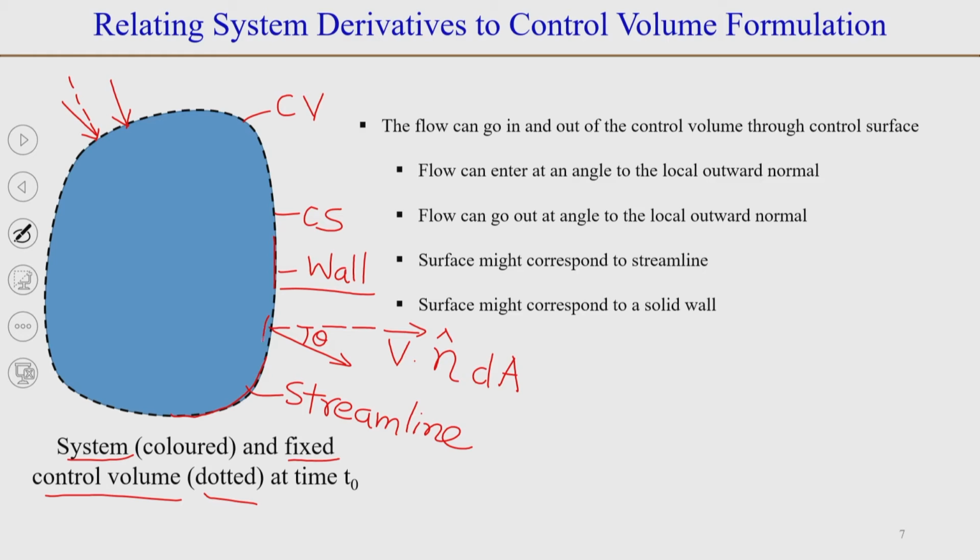If we take a small area dA in this control surface, and the unit normal to this area dA is n cap, and there is an angle between the velocity vector and the unit normal, and the flow is going out, then the volumetric flow through this area dA will be V dot n dA, or that will be V dA cos theta.